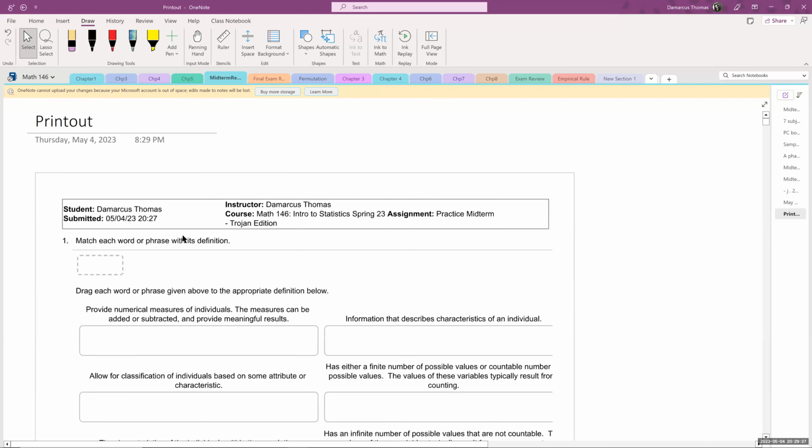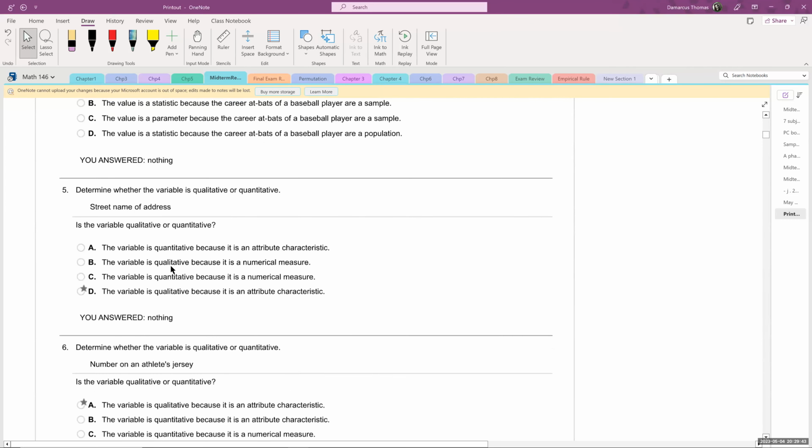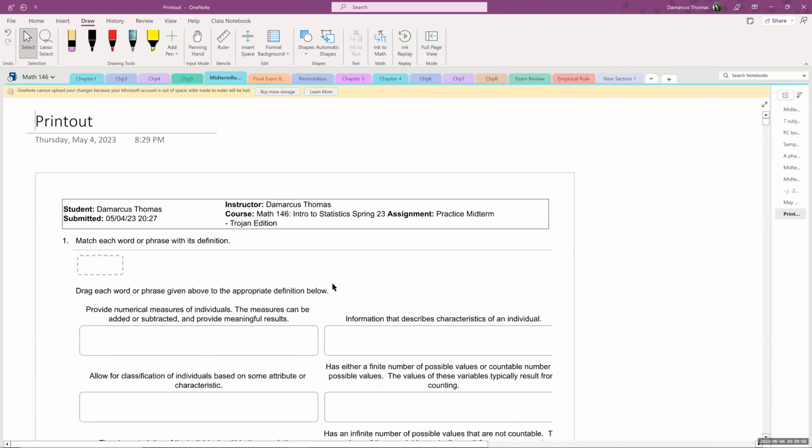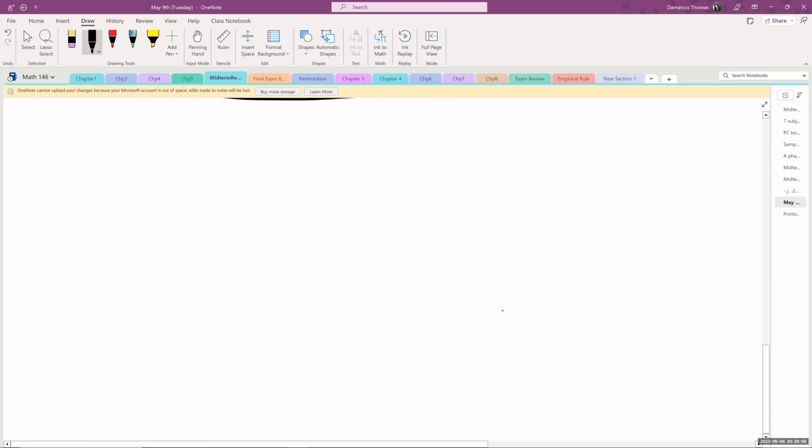I now have the entire practice midterm test with the answers, and now I can work outside of the computer. Because keep in mind, the practice midterm exam is going to close. And let me make a note of this. I just want to be clear.